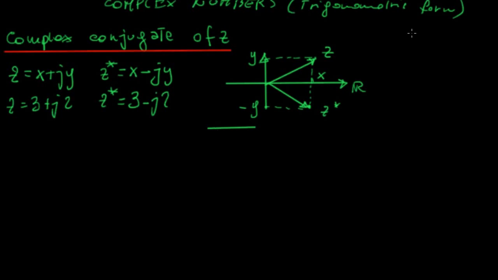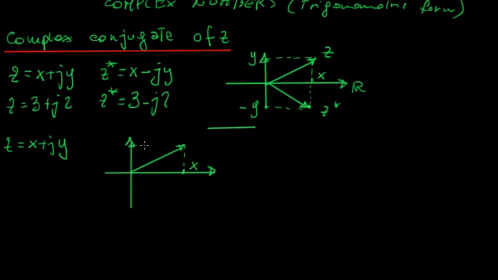introducing the trigonometric form of complex numbers. So let us say z is x plus jy. We know that on the complex plane, this is represented by a vector that has a real part and an imaginary part. That's good.